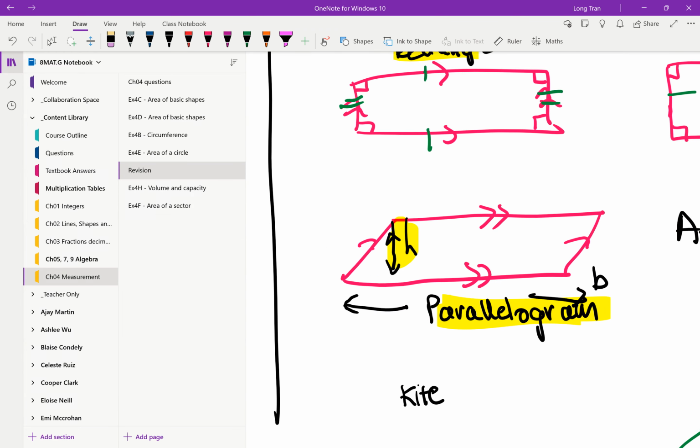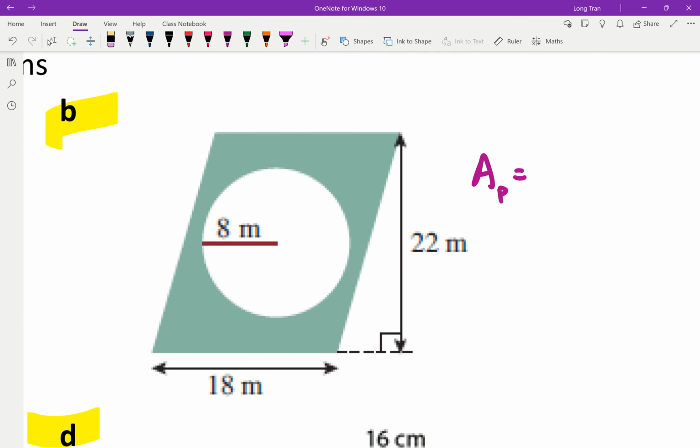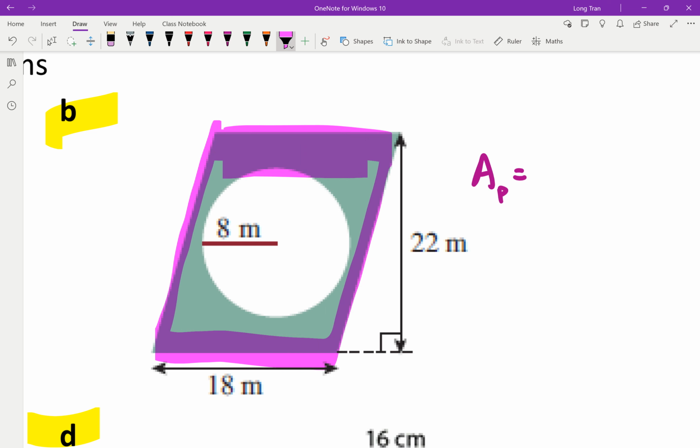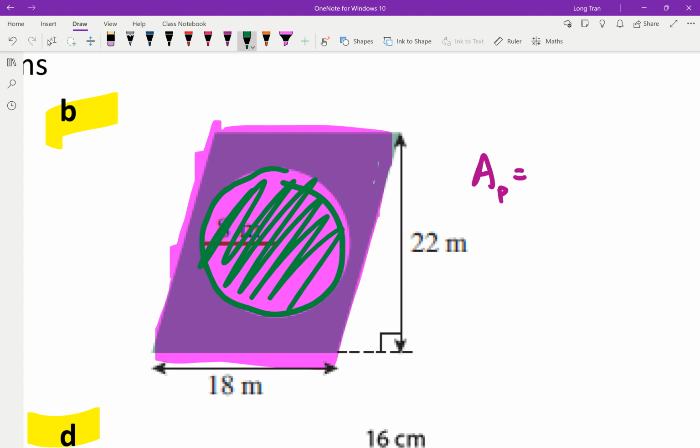Okay? So we go back to the same problem again. Let's see, can you see? You need to find the area of the parallelogram. So we're going to find the full area of a parallelogram. So just imagine you paint the entire area. But you see, you don't want the entire area. What don't you want to include? You don't want to include the circle. This was the region you don't want. So you need to find the area of the circle and minus it away from the area of the parallelogram.